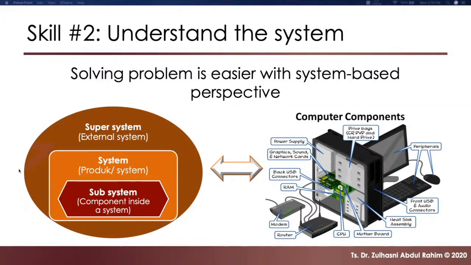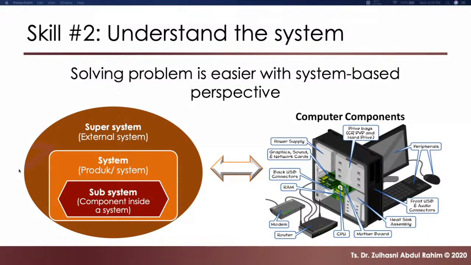And then the second skill that became challenging during my time is to convert all the problems into a system base. In TRIZ we have three types of category. A system refers to the product, like a chair or computer.